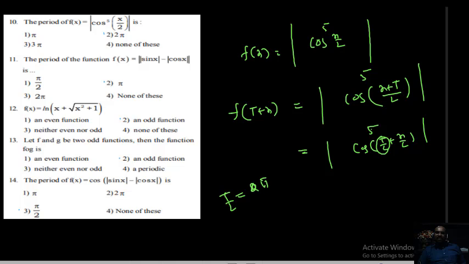Below 2 pi, pi also will satisfy. Observe now, instead of pi by 2, write pi. What happened? Cos of pi plus theta is minus cos theta, power 5 gives minus, and mod is there, so no problem. That's why instead of t by 2 I can write pi. So t by 2 is pi, then what is the value of t? 2 pi. So 2 pi becomes the period of this function.